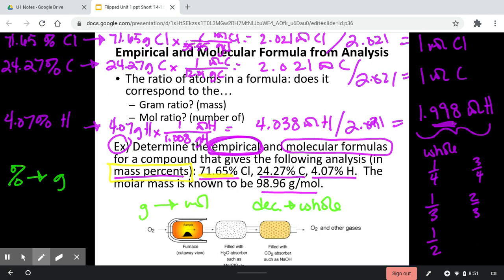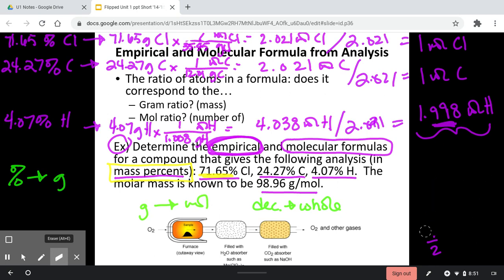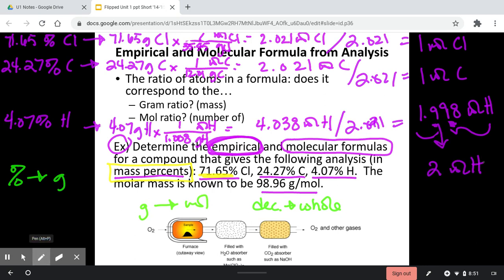Is it closest to a whole number? 0.25, 0.33, 0.5, 0.6667, 0.75. What is that closest to? And for us, it's closest to a whole number. And so we're going to now round this number for hydrogen to 2.